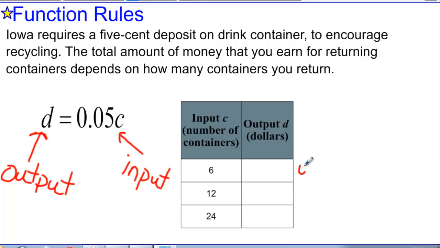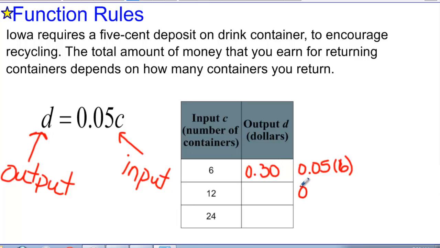So I'm going to do 0.05 times 6. And that's going to give me my output value, how much I'm going to get back. I would get back 0.30, or 30 cents, for depositing 6 containers.